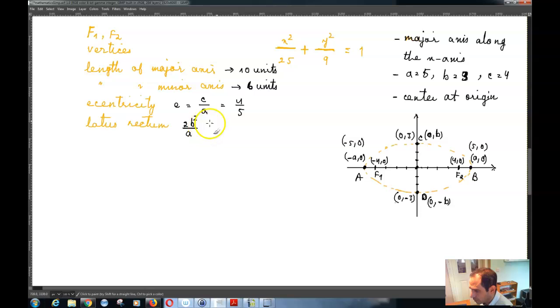So then the length of the Latus Rectum is going to be equal to 2 times b squared by a, which is equal to 2 times 9 divided by 5, which is equal to 18/5 units.